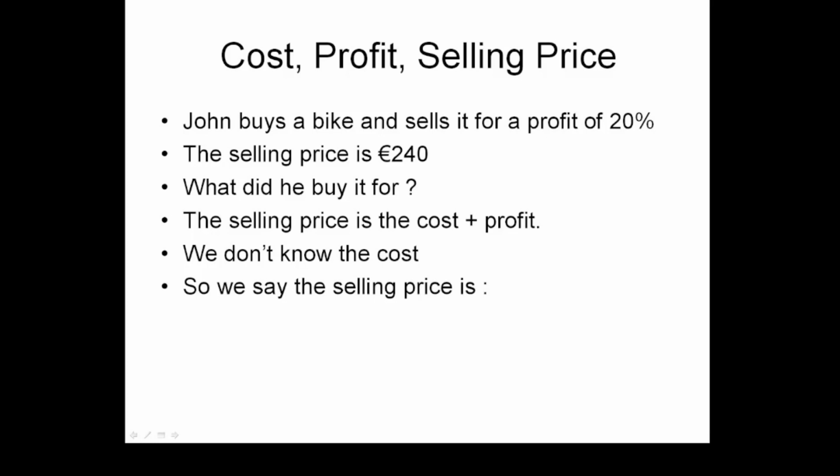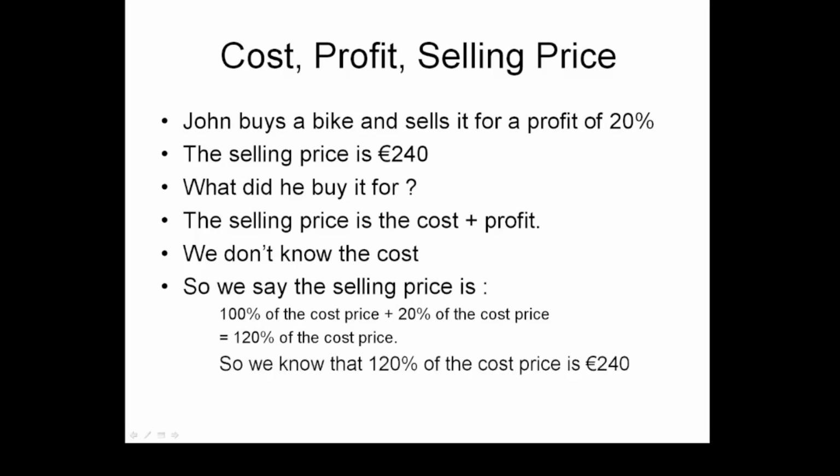Or we could say that it's 100% of the cost price plus 20% of the cost price. Remember, a profit of 20% means 20% of the cost price. So we get 100% of the cost price plus 20% of the cost price gives us 120% of the cost price. And then using that information, we will be able to work out what the cost is. Because we know that 120% of the cost price is €240.